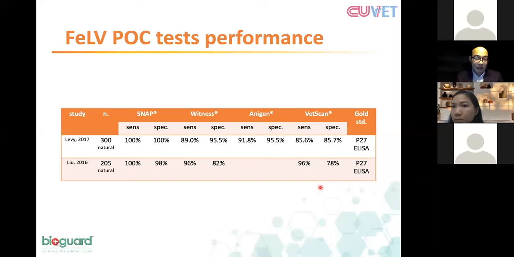And also, as I mentioned earlier, p27 antigenemia only happens in progressively infected cats. That means point of care tests available in the market right now can only detect progressively infected cats and not regressively infected cats, but the molecular technique can.